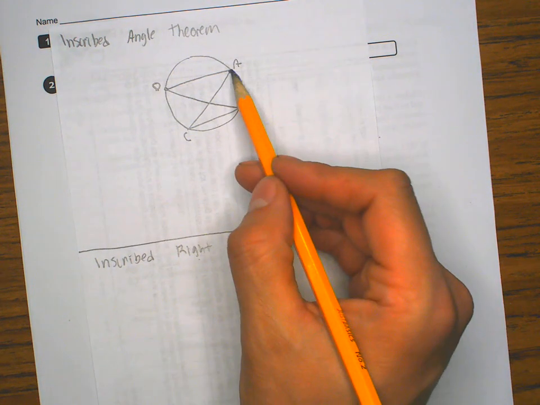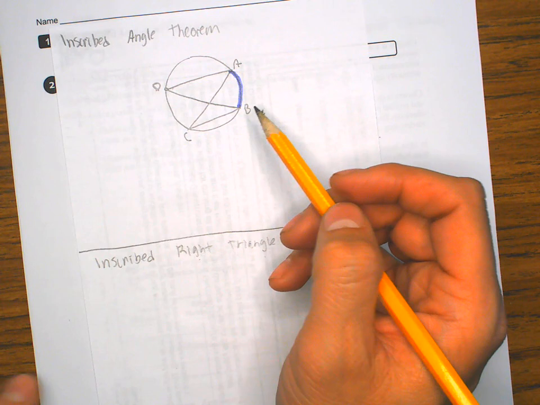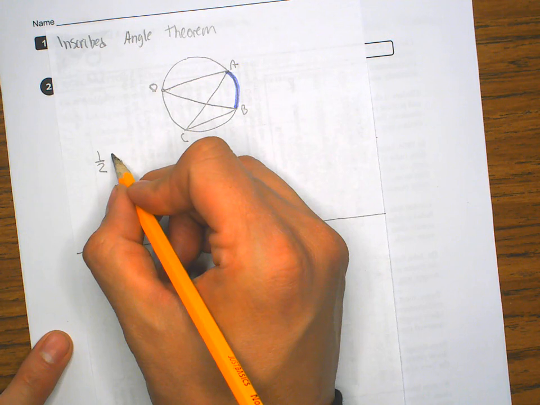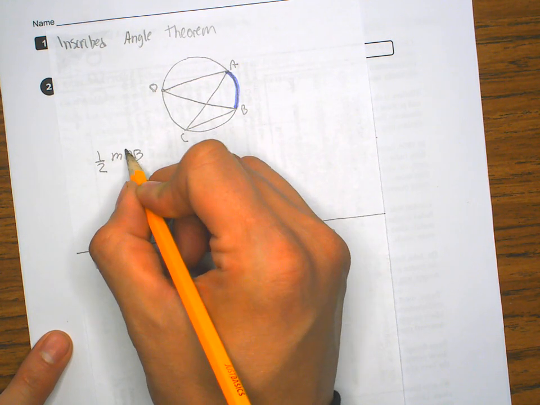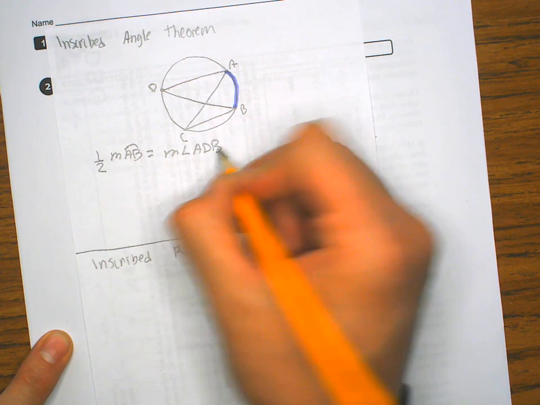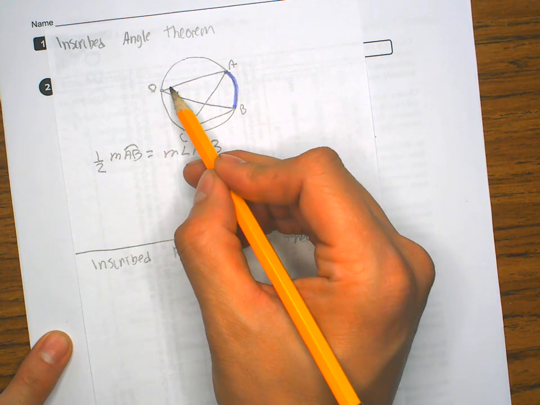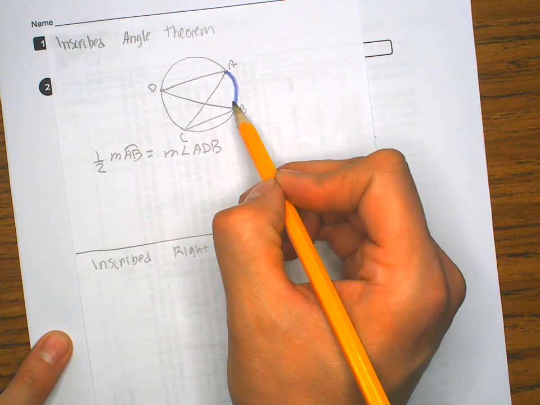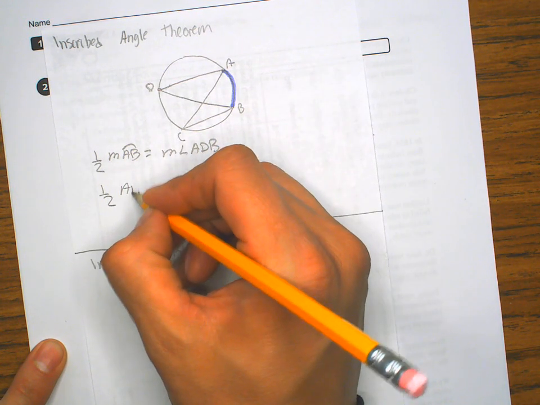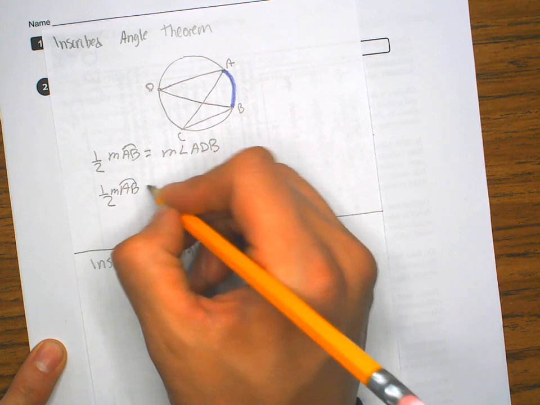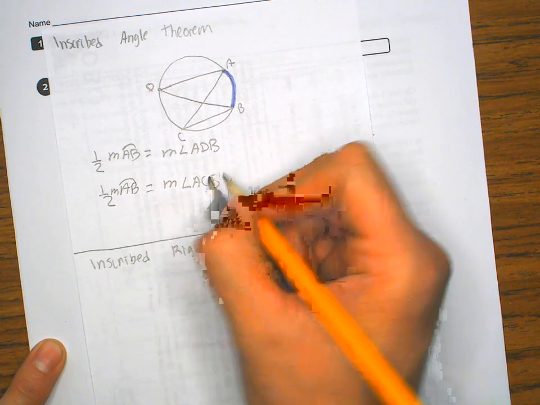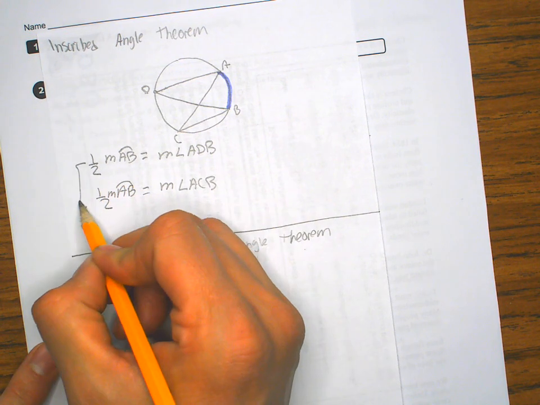I'm trying to show that these right here are going to be exactly the same. So part of what we already knew is that 1/2 the measure of AB was going to equal the measure of angle ADB. Okay, so this angle right here is going to be half of this. We also know that it's doing the same thing on the other side. Okay, this is going to be the measure of angle ACB. Now here's the thing, both of these, they're the same.